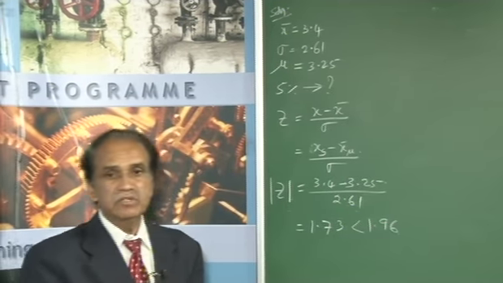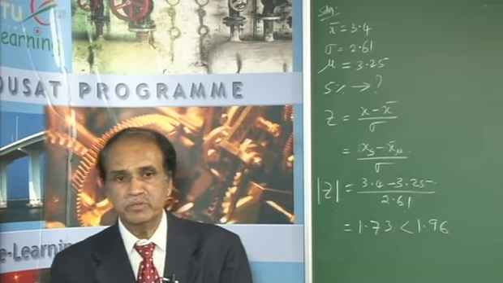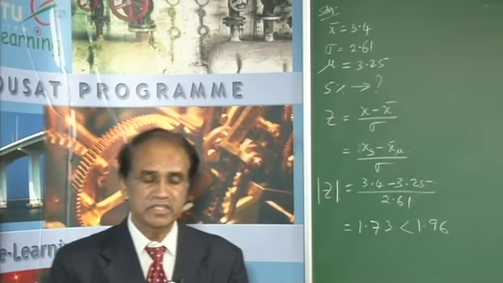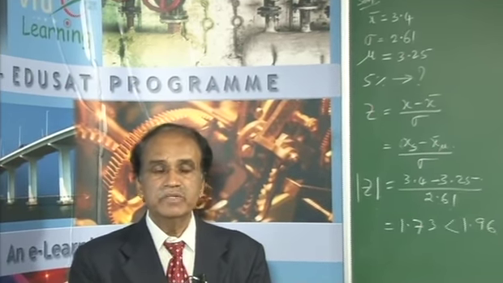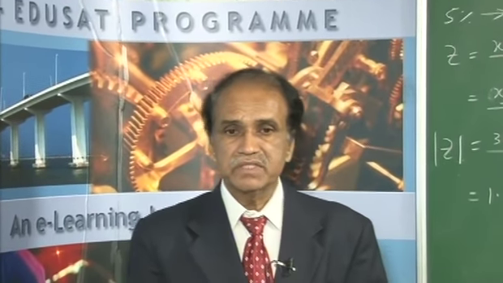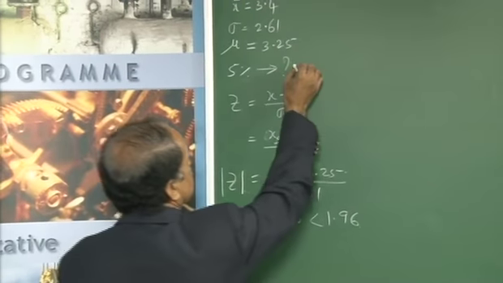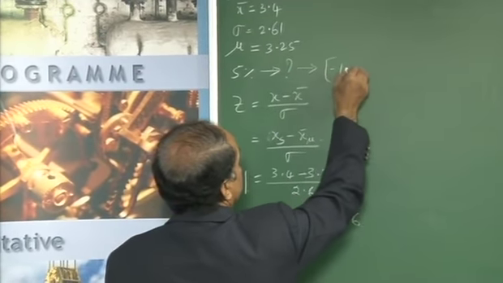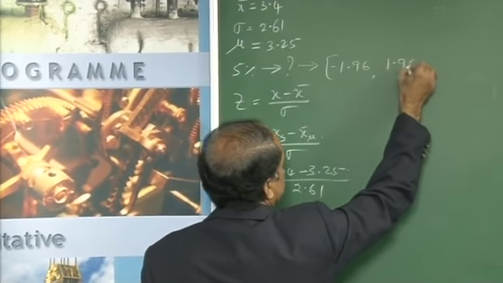When it is less than 1.96, the given sample can be regarded as one of the population with mean 3.25, because it comes below the table value. Table value means the standard critical region at 5% level of significance, which is between minus 1.96 and plus 1.96.